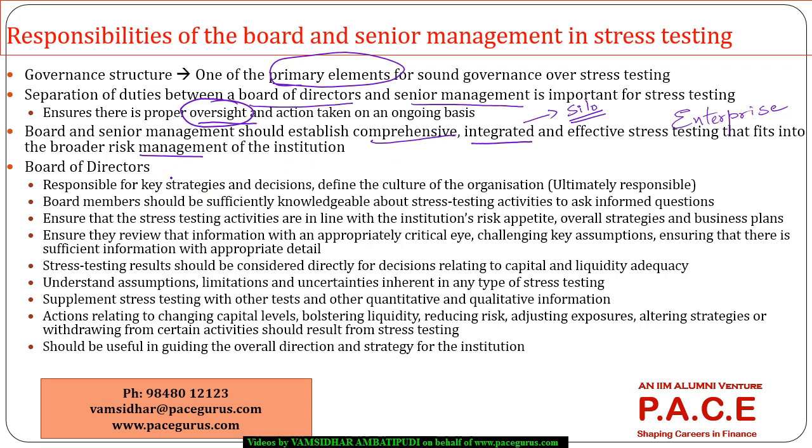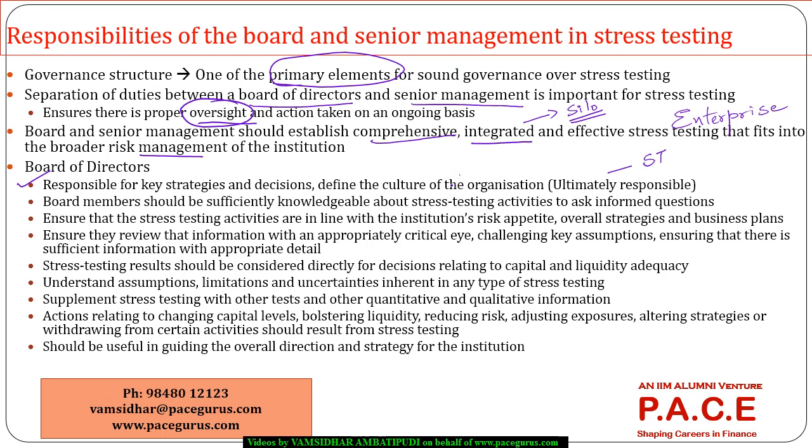So coming to the responsibilities, we may be knowing to a large extent the board of directors is responsible for key strategies and decisions. So they will have the ultimate responsibility for the stress testing as well, because they play a very important role in all the key strategies. They are the ones who have to define the culture of the organization.